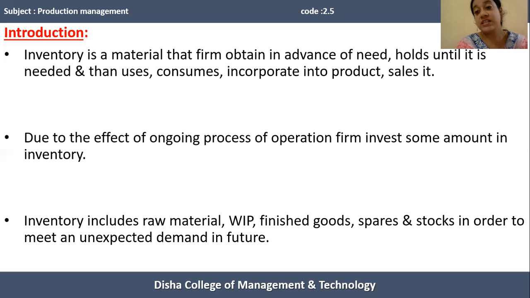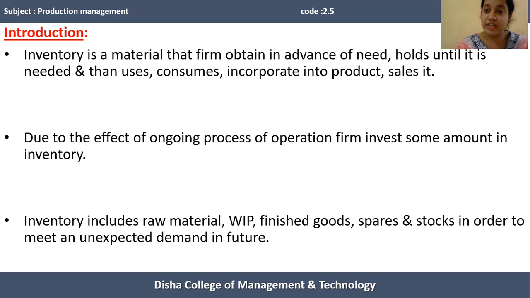In our second unit, we discussed in detail the concept of material management, and in the third unit we are going to discuss the detailed concept of inventory management. I told you that inventory is a type of material, and in the second unit we also discussed the detailed concept of material. Let me clear you what are the differences that exist between inventory and material. Generally, material means the raw material which is necessary for manufacturing a particular product.